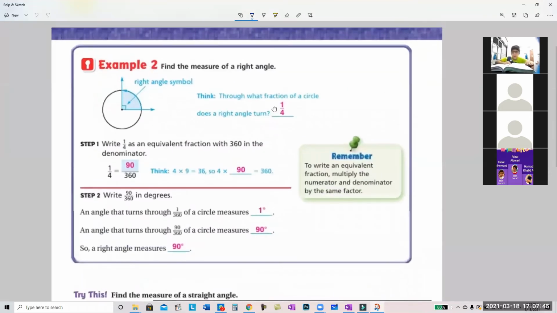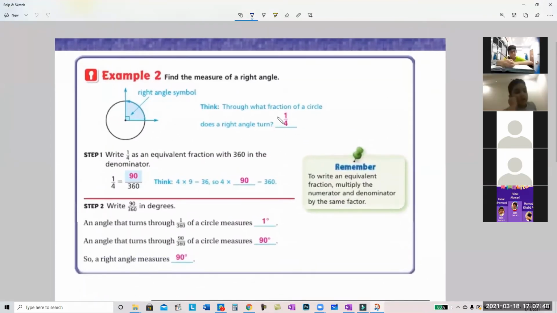Okay, on this page, we're going to convert a fractional circular sector to a measure in degrees. Let me ask Fahd.